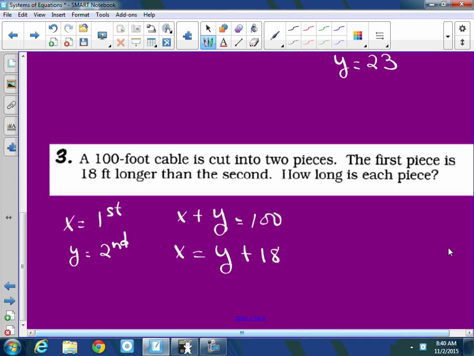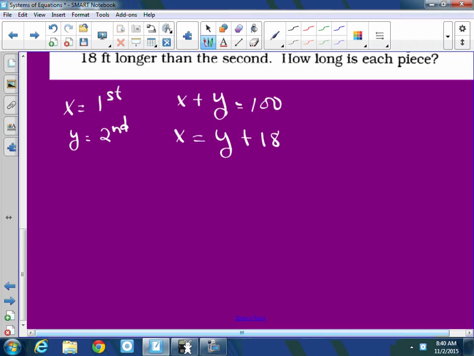Now, what method? I would definitely use substitution on this one. So I'm going to take that x and substitute it right there. So it would be y plus 18 plus y equals 100, and then you solve for y. So 2y plus 18 equals 100.